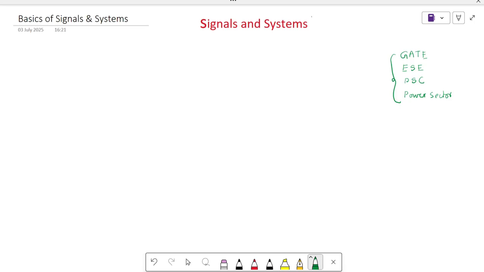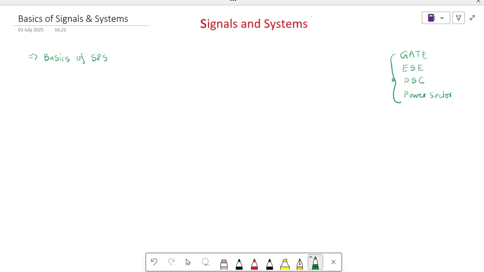Coming to the syllabus. In the first chapter of this Signal Science System subject, we will discuss the basics of signals and systems.